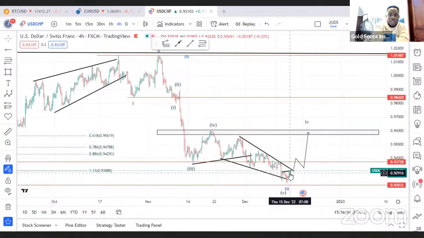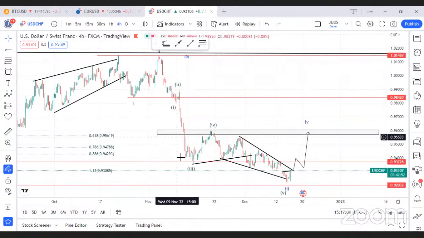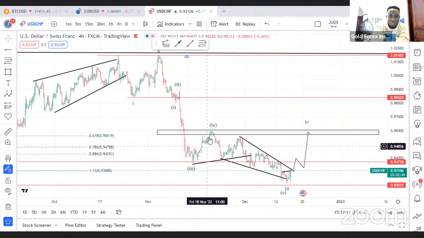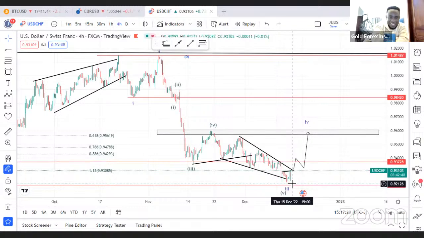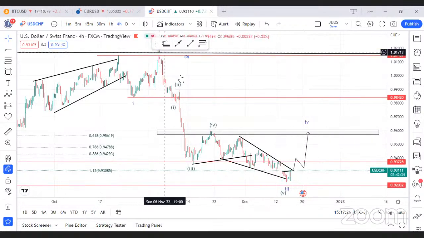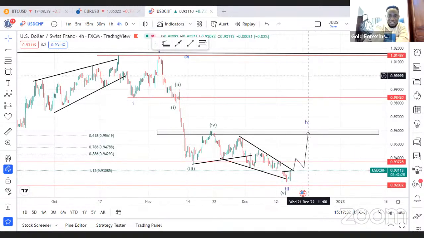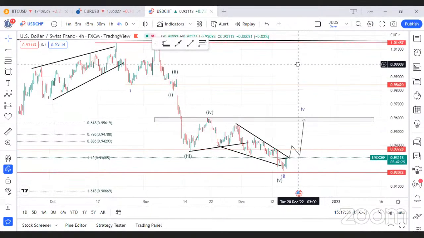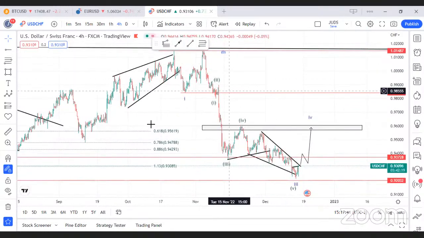Then the 5 forms an ending diagonal, A, B, C, D, E. Then that means the bearish trend is complete, and we should be expecting a correction, a reversal. That's also very, very likely.